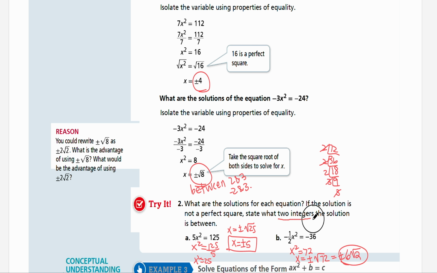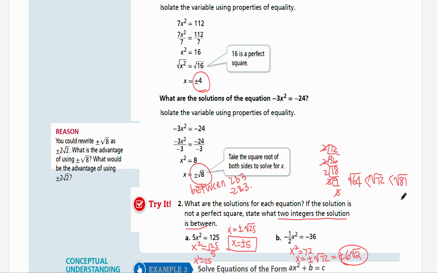And what two integers would the solution be between if it's not a perfect square? So this would be root 72 is between which two perfect squares? Root 81 is the greater one, greater than 72. So that's 9. What's 8 squared? 64.